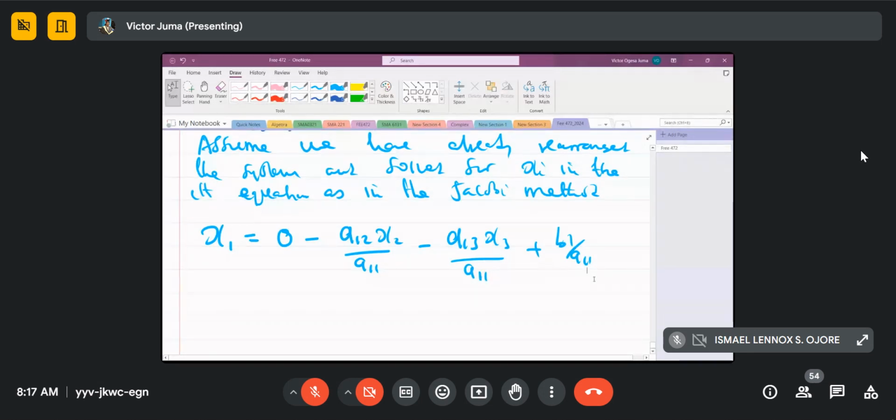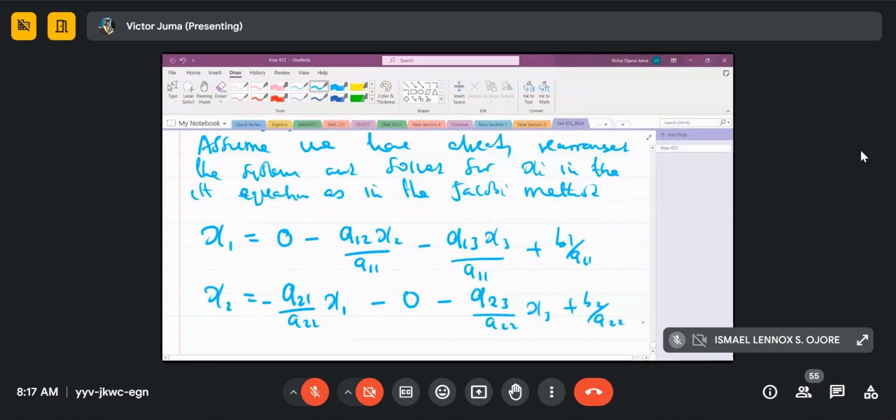I'm just picking out from where we solved for x1, x2, x3. x2 is minus a21 over a22 x1, then minus 0, and then minus a23 over a22 x3 plus b2 over a22.